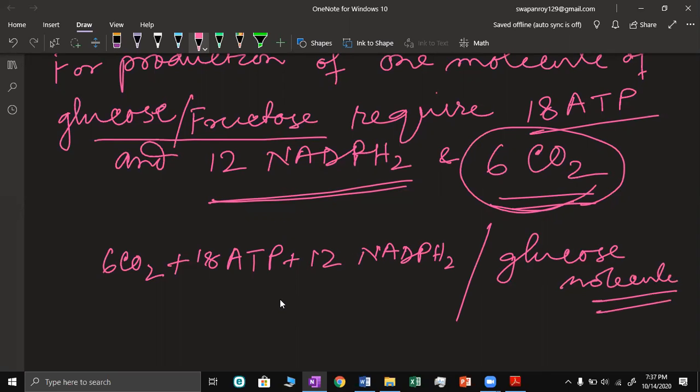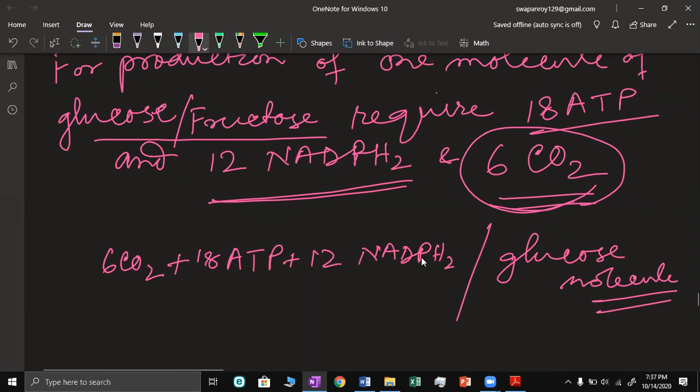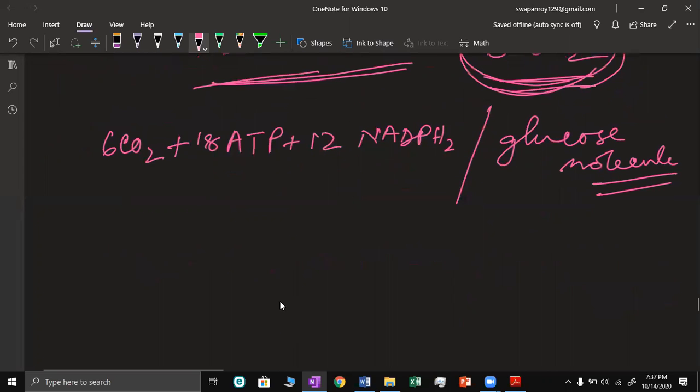Say here. Now we will see it in another way. Say for 1 molecule of glucose, 6 molecules of carbon dioxide are required, and to reduce them, 18 ATP and 12 NADPH2. Then for 1 molecule of carbon dioxide, how many are required?